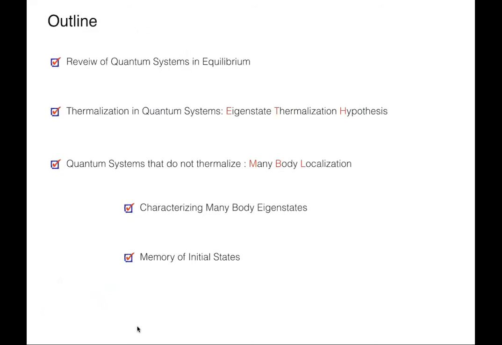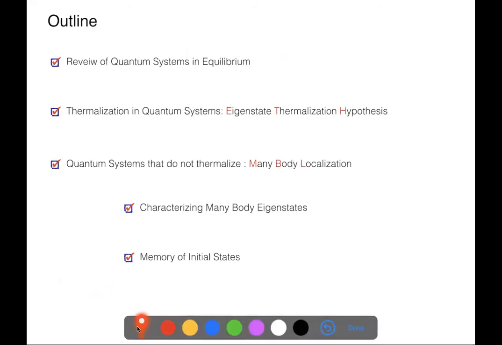So the first part will be almost like an elementary graduate course, or even maybe a BSc course or something like that. I'll review a little bit about quantum systems in thermal equilibrium. And then we will start talking, this will be mostly to set up the problem.